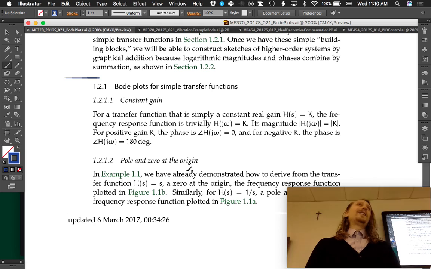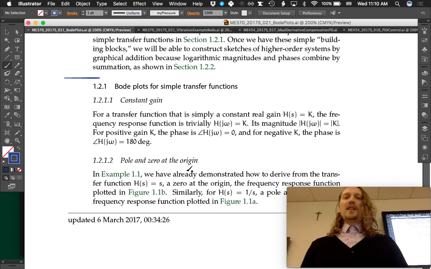No. So the magnitude of 5 is what? 5. And the phase of 5 is what? 0. What is the phase of negative 5? It's pi, right? What's the phase of negative 1?